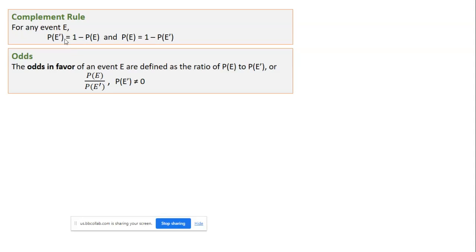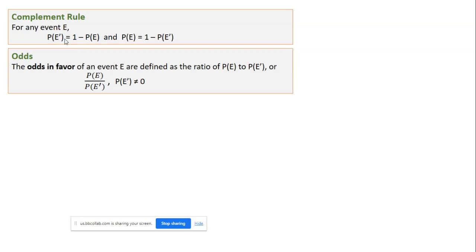So for instance, if I told you, I looked at my phone app and it said there's a 10% chance of it raining today, and if I were to ask you, well, what's the probability that it's not going to rain? Well, you would know that if there's a 10% chance of it raining, then the probability of it not raining is the other total for the one.